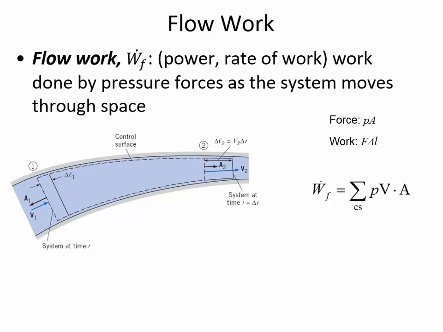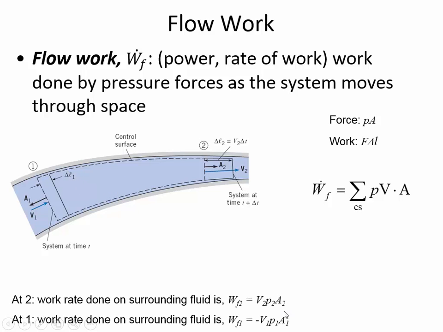If we keep track of the velocity of the water, the cross-sectional area, and the density of the liquid, then we can know the relationship between the momentum and the flow work. And we can look at the rate of work coming into the control volume at location 1 and exiting the control volume at location 2.